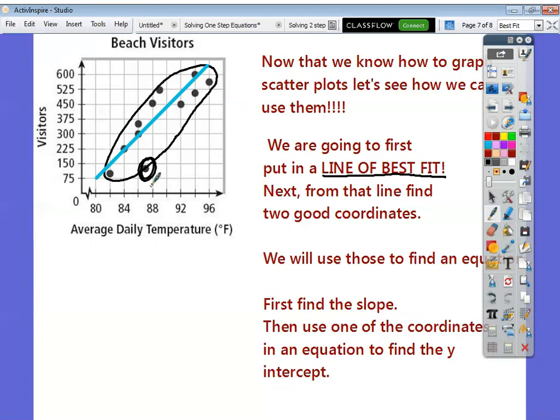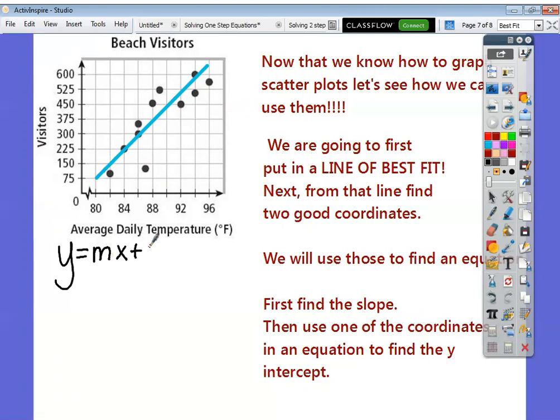Now, what I want to do is you're going to write an equation for that line of best fit. You guys should remember how to write an equation, right? If we write it in slope-intercept form, we need to find the slope of the line and the y-intercept.